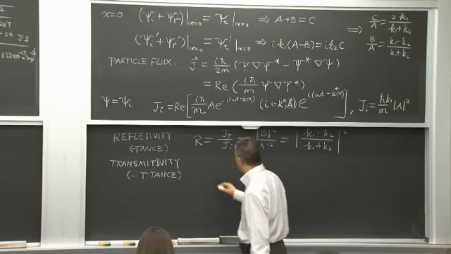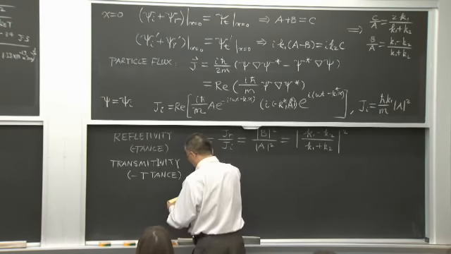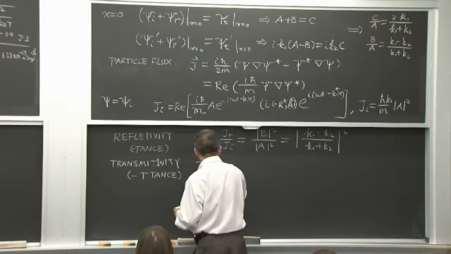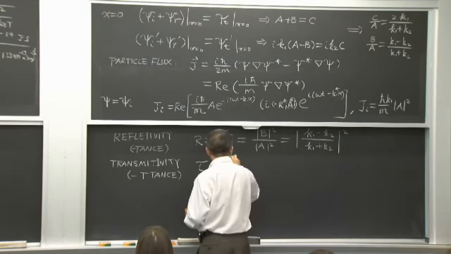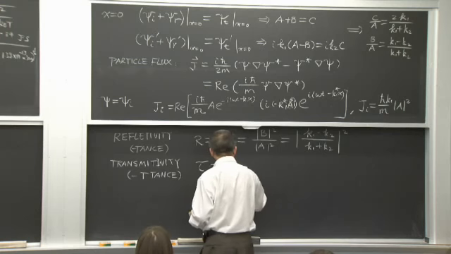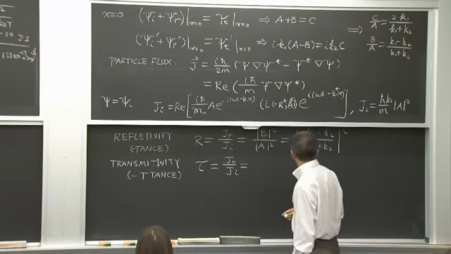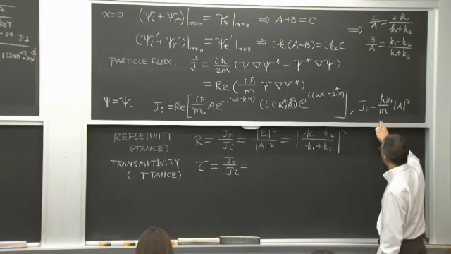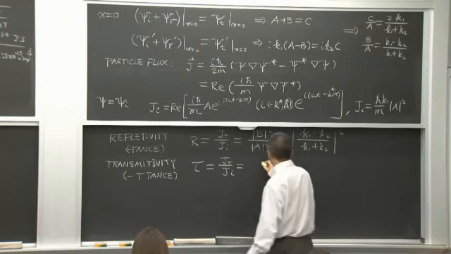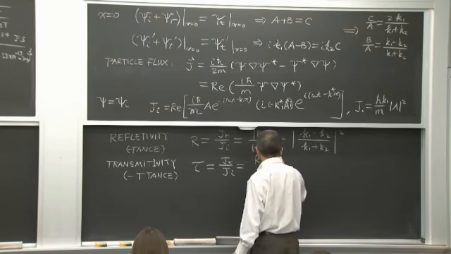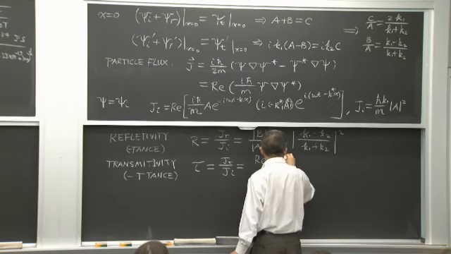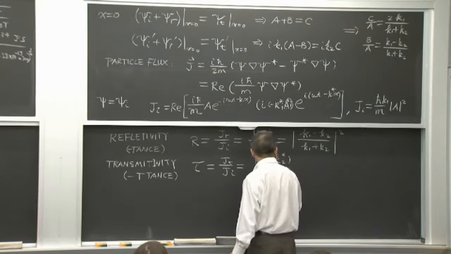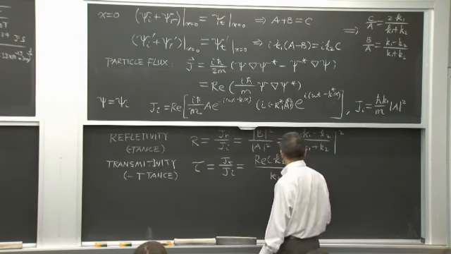And in the transmittance, I use tau equals J_T over J_I. And here it's different, because J transmitted has the real part of k2 complex conjugate, over k1, which is real anyway.